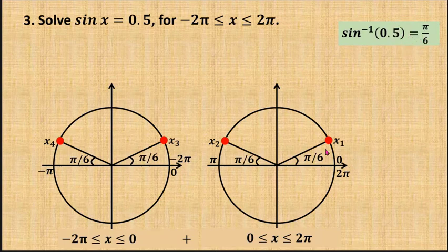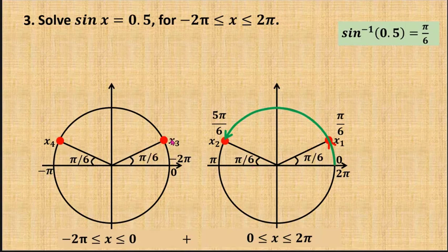The value of x1 starts from 0 to x1 in the direction of anti-clockwise, which is equal to pi over 6. The value of x2 starts from 0 to x2 in the direction of anti-clockwise. This value can be obtained by using pi minus pi over 6, which is equal to 5 pi over 6.